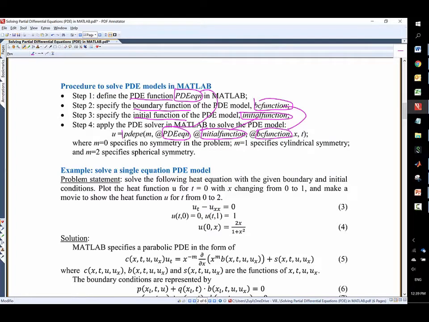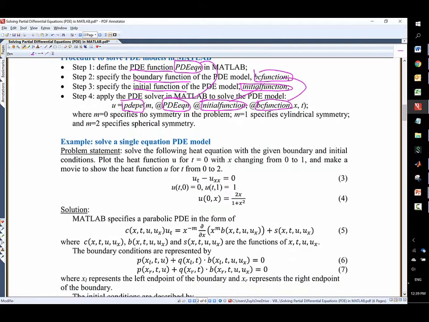And after that, you just use pdepe, the solver, to solve it. At the same time, you also need to specify the geometry. For example, m equal to 0 means there's no symmetry, m equal to 1 means cylindrical symmetry, and m equal to 2 means spherical symmetry. So this is the general procedure.